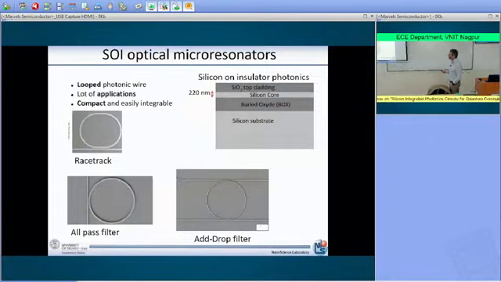Microresonators have a lot of applications, and they are made using the standard silicon photonics waveguide, meaning that you take 220 nanometer thick silicon, and then you shape this silicon waveguide either in a ring like this one, or into a racetrack resonator.